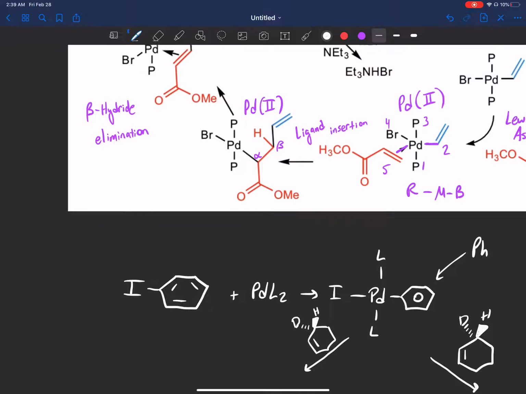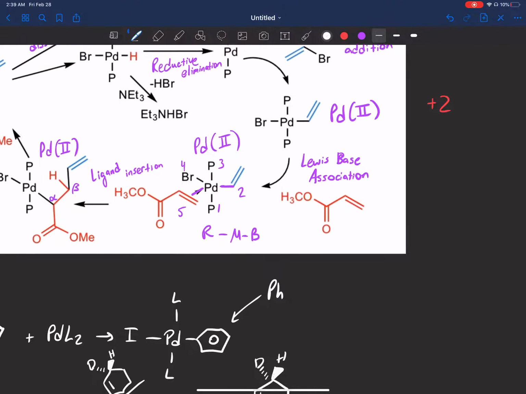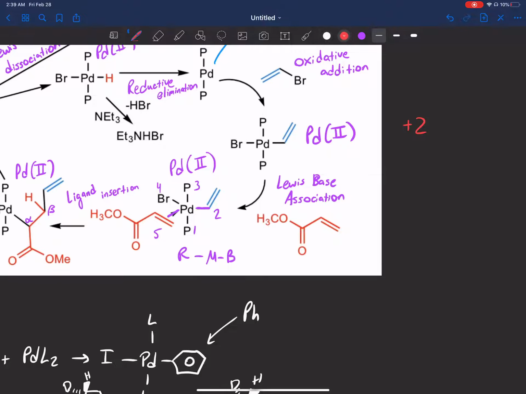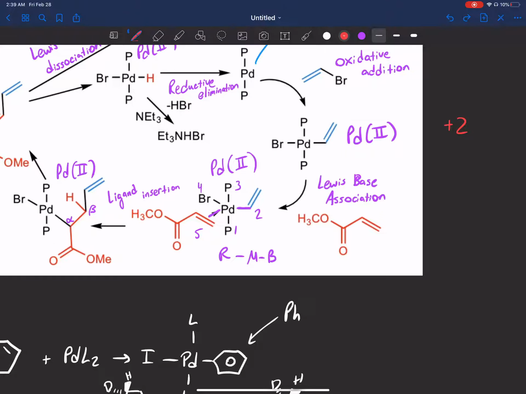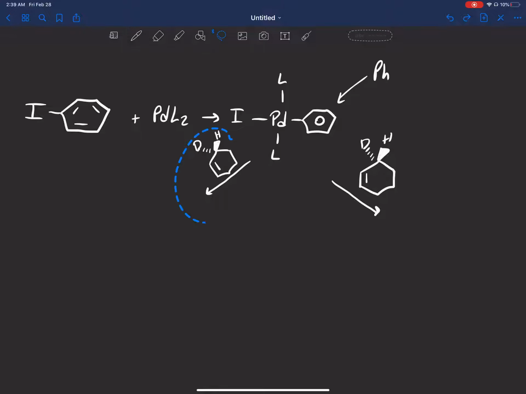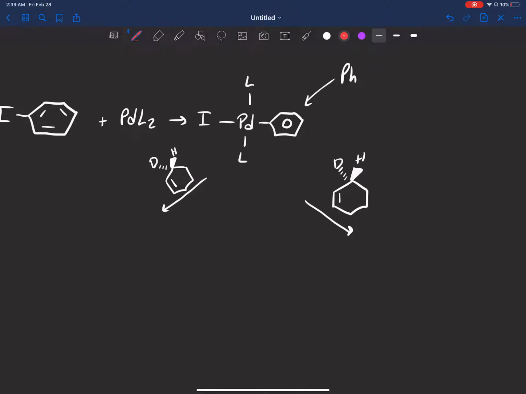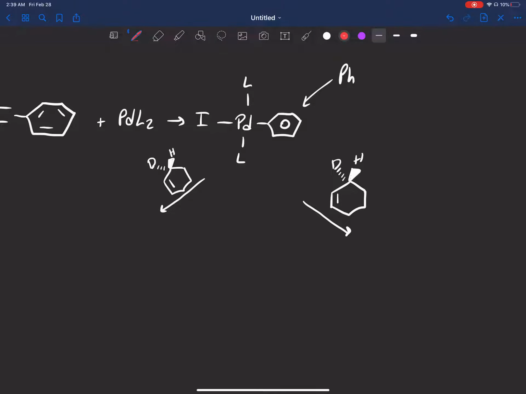So if we go back to our Heck cycle, we have our alkene. The stage we're at on the Heck cycle is right here. We need to do our Lewis base association, that's where the double bond binds, and we're going to get this intermediate right there. The double bond on our alkene can bind essentially one of two ways.